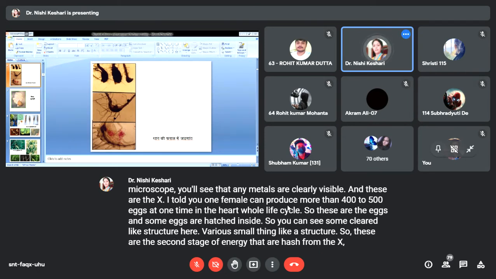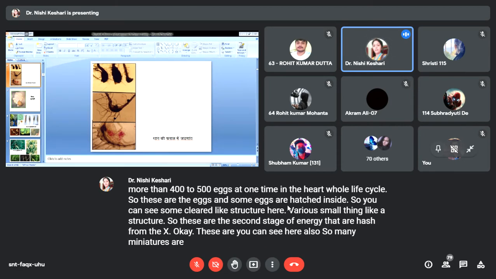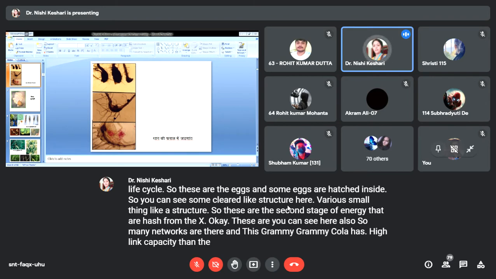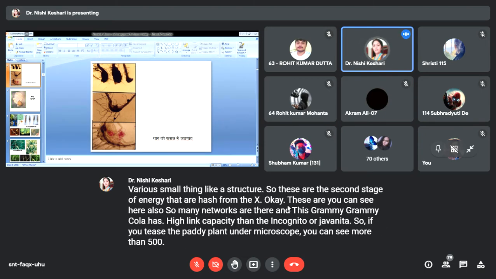You can see here also. So many nematodes are there, and this Graminicola has a higher laying capacity than incognita or javanica. If you tease the paddy plant under the microscope, you can see more than 500 eggs here.